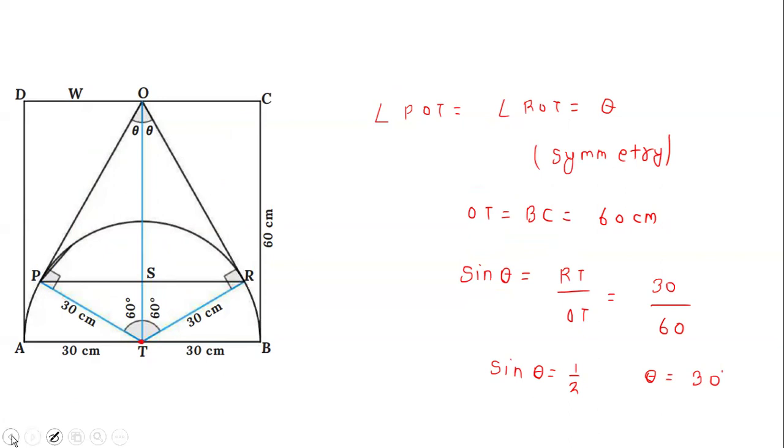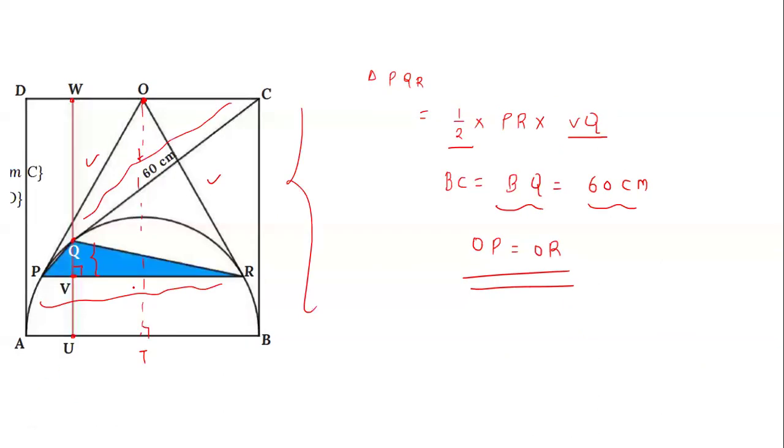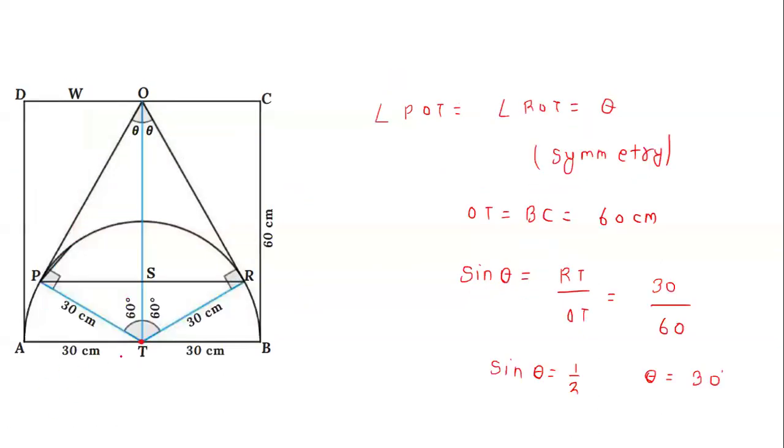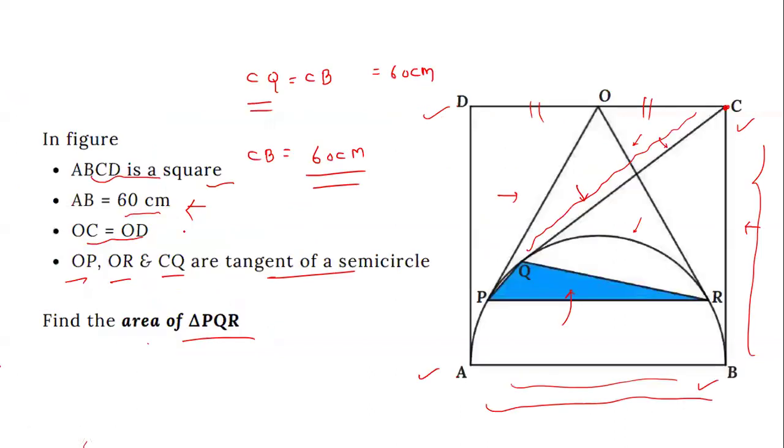Let's say this point is T, and this is also the center of the semicircle, because this O point is at the midpoint. In the problem, it is given that OC is equal to OD. So this length is equal to this length. So this is the midpoint of AB, and AB is the diameter of the semicircle.